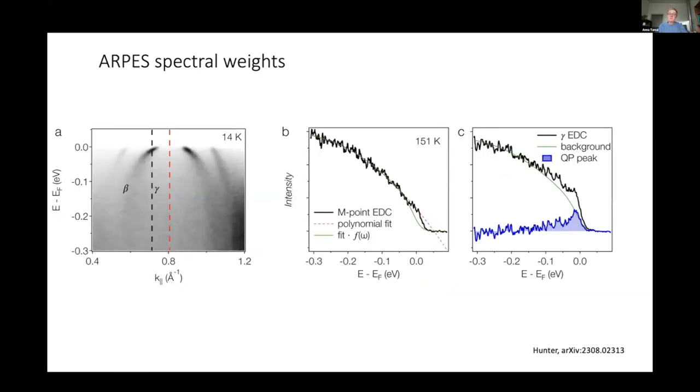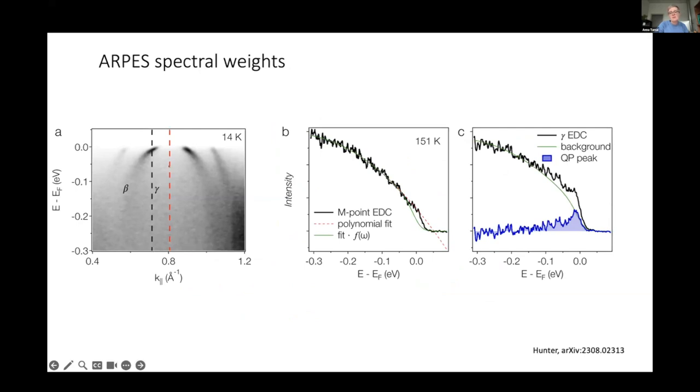The problem in experiment is the experimental background, and how difficult it is, or whether it's possible or not, to separate in experiment the coherent part of the peak from the incoherent part. So we took a slightly different approach from what was done in the past. We extract, for instance, an EDC here for the gamma band.